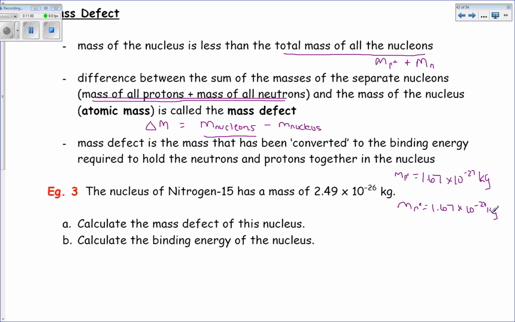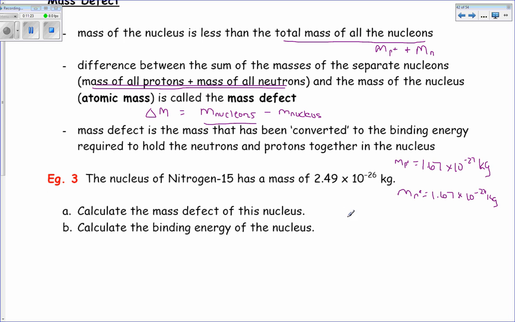So in some problems, you're going to be given a different mass. You'll be given it to 4 decimal places, and when you're given the mass to 4 decimal places, actually there's a big difference between protons and neutrons. So what we have here is a nucleus of nitrogen-15 that has a mass of 2.49 times 10 to the negative 26 kilograms. Okay, so that's the mass of the nucleus of that particular atom or isotope.